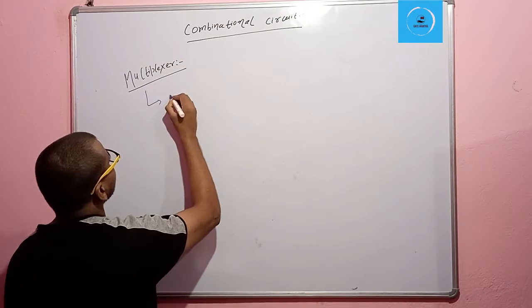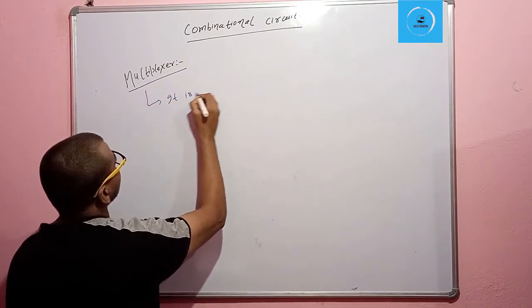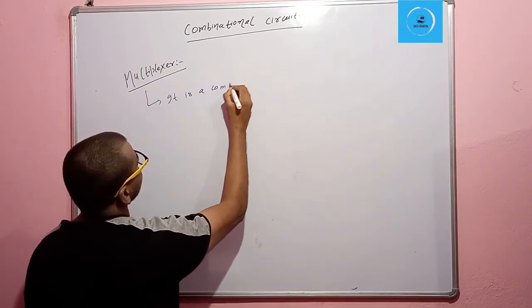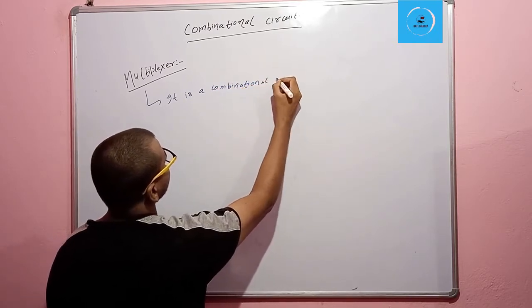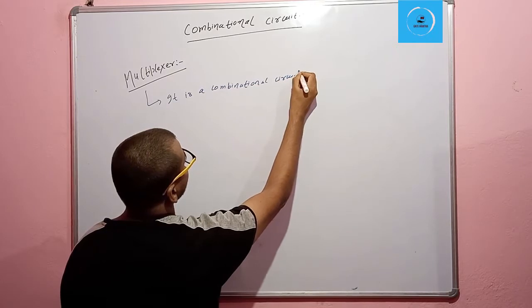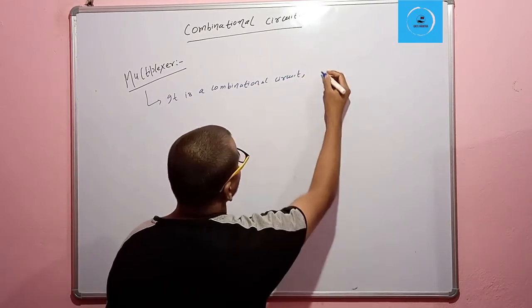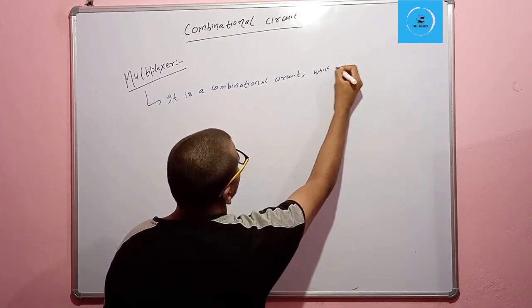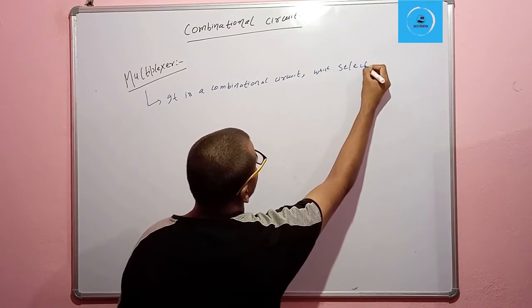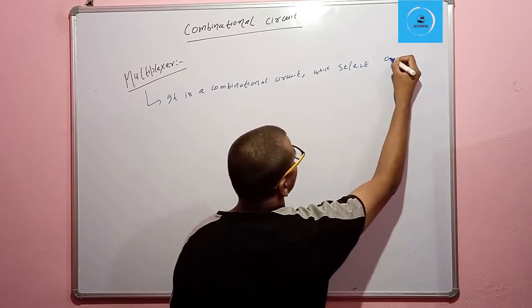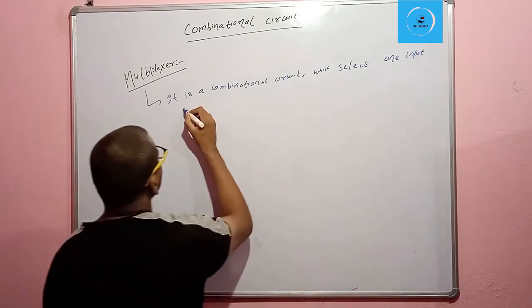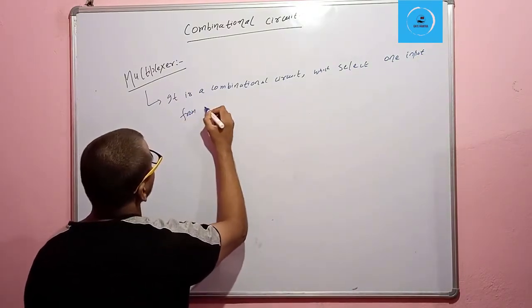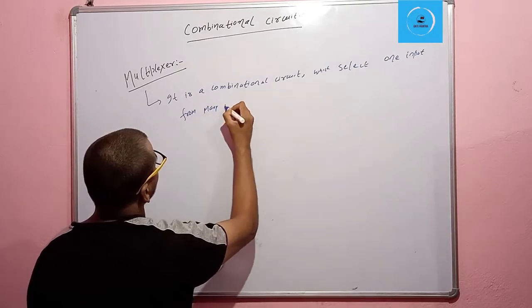Multiplexer is a combinational circuit which selects one input from many inputs.